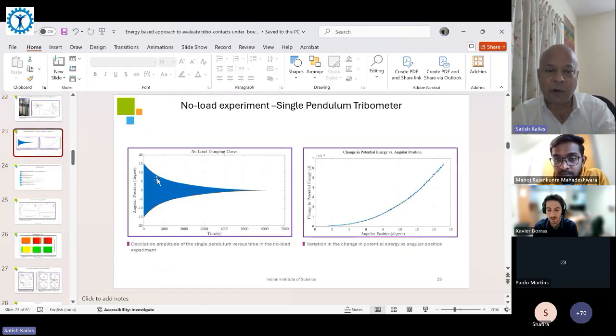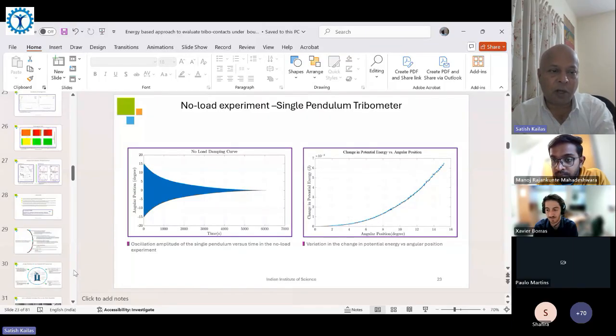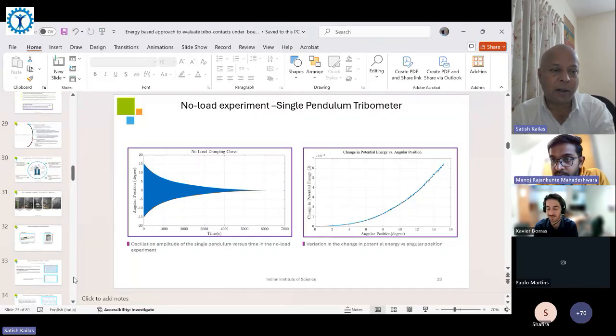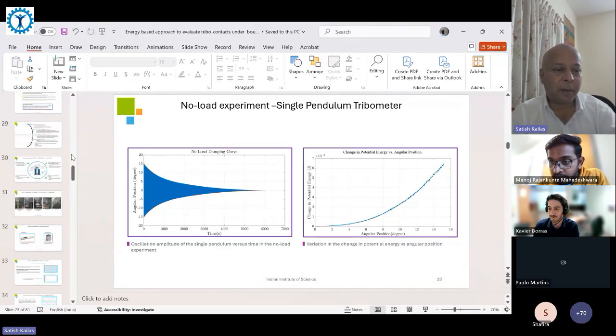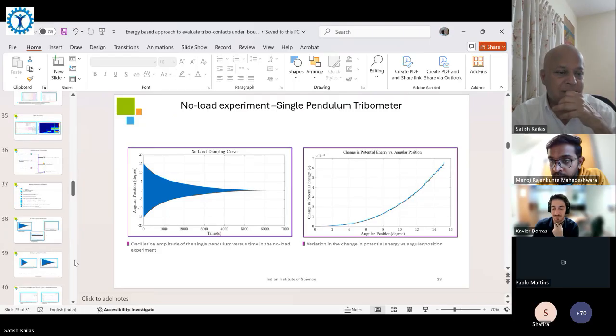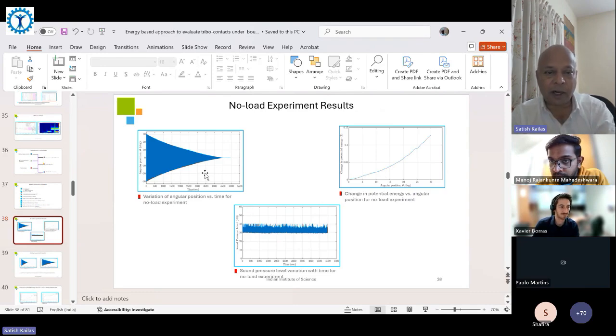So this is the curve I would get in no load condition. This is the second generation one we built. This is the no load experiment for the second generation machine, where you can see it goes up to 6,000 seconds.